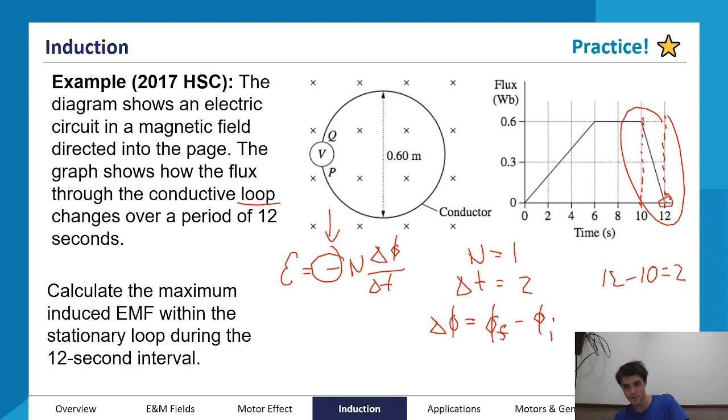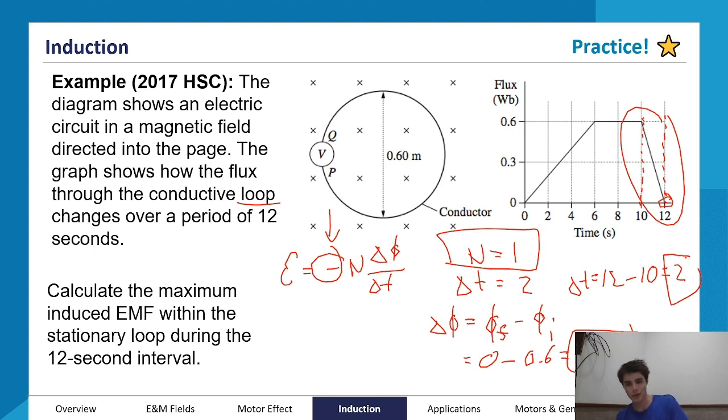In our case, our final flux is equal to 0 minus our initial flux, which is equal to 0.6, which gives us a change in flux of negative 0.6. So finally, we've got our number of coils as 1. We've got our change in flux is negative 0.6. And we've got, I forgot to write it, but our change in time is equal to 2.